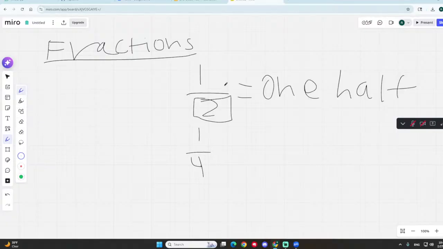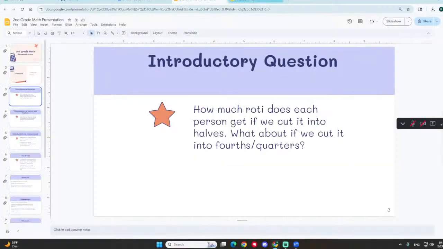So basically, we're going to be learning about this today, these fractions, and how these divisions work.